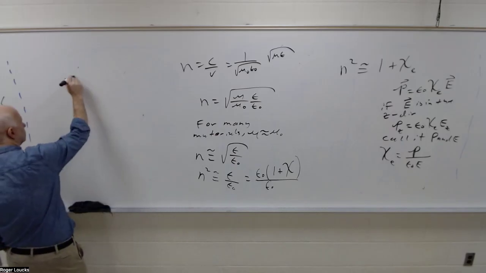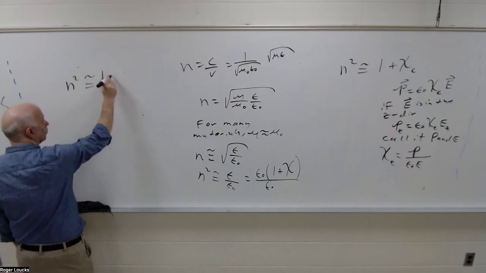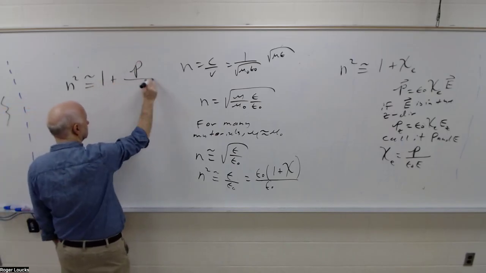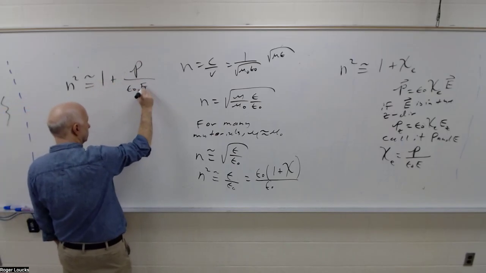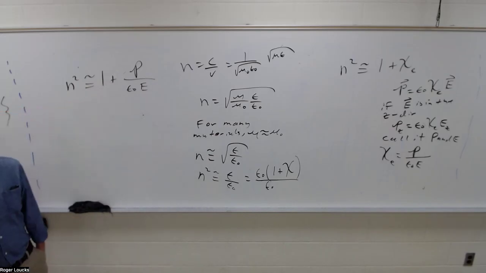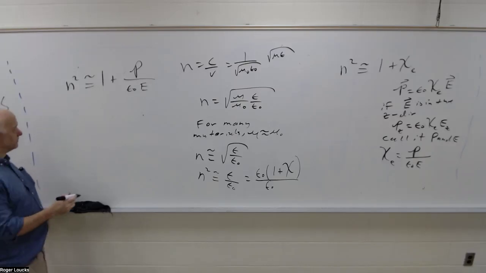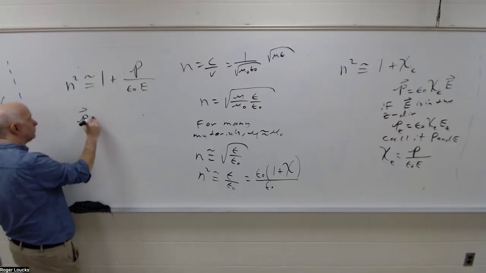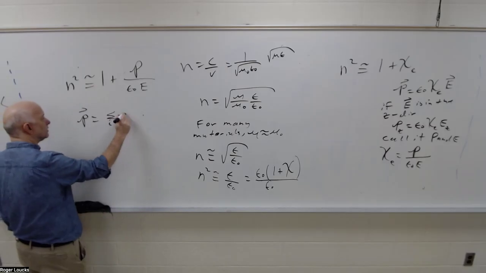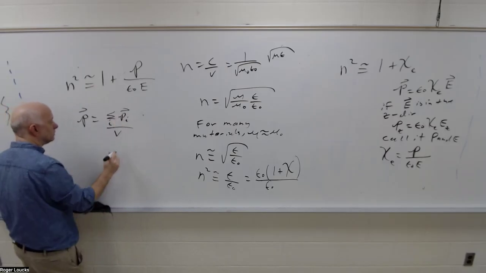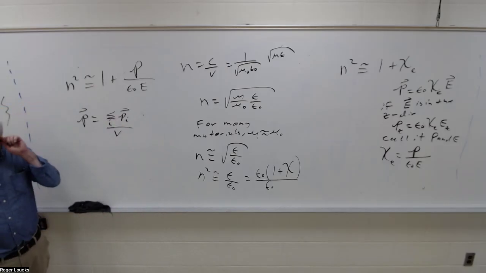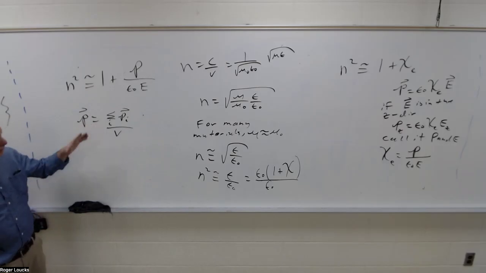So I can get that n squared is 1 plus P over epsilon naught E. Well, what did I say P is? Remember this P was a sum over i, P i over V. What did we say this is?